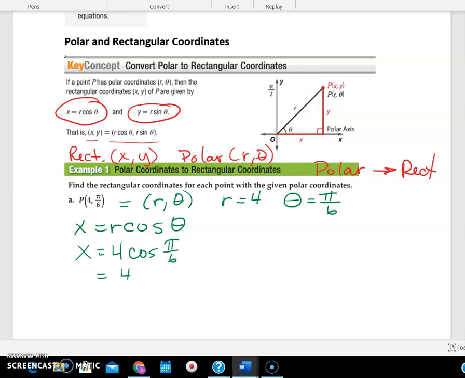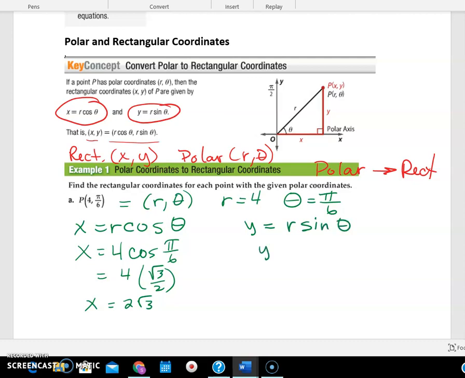And cosine of pi over 6 is square root of 3 over 2. And so that tells me that x equals 2 square root of 3. Then for the y coordinate, I have y equals r sine theta.